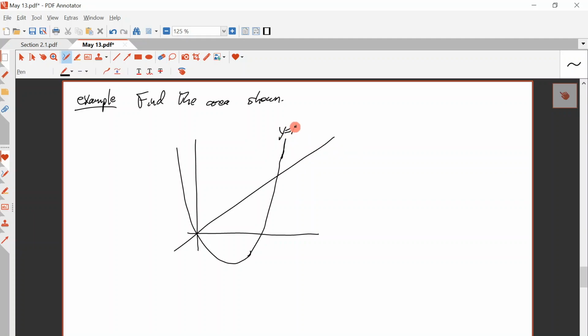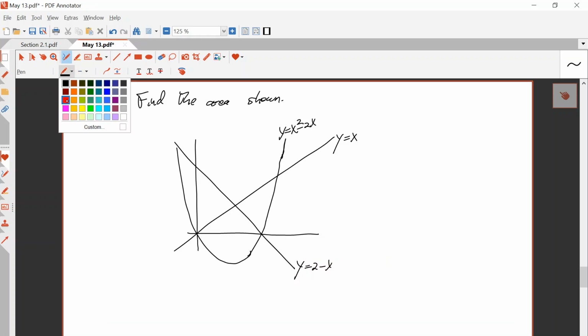And to that, we'll add the line y equals 2 minus x. And we're looking to find this area inside here.